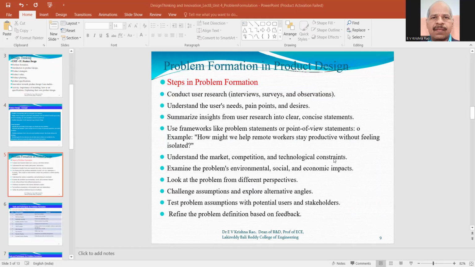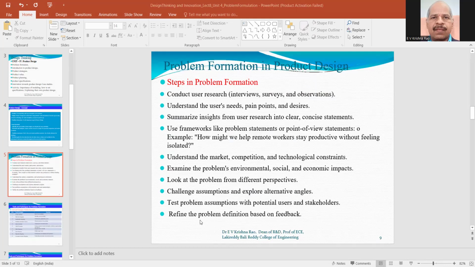So understand the market competition, market survey, and technological constraints while designing a product. We also need to examine the environmental problem, societal problem, economic impacts, and different perspectives in problem formation.